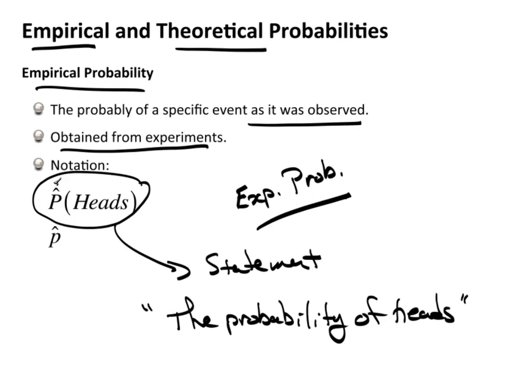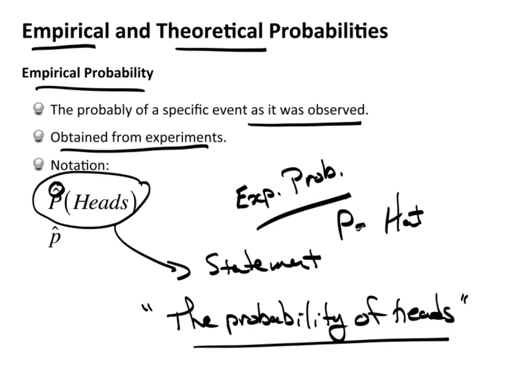Now you see this little caret on the top, called a hat? We would say the probability of heads, but because of that hat, we'd also add the empirical probability of heads. That little hat, we would commonly refer to as simply P hat. That little hat simply means that it is in fact empirical.